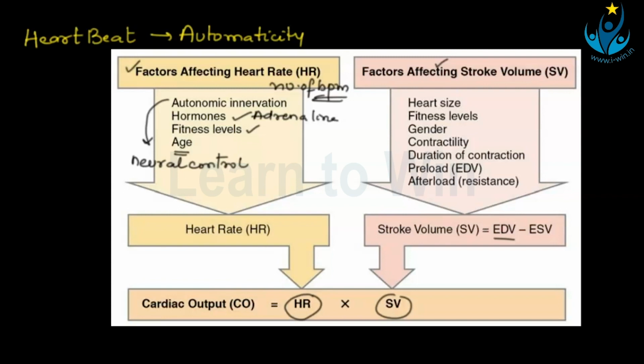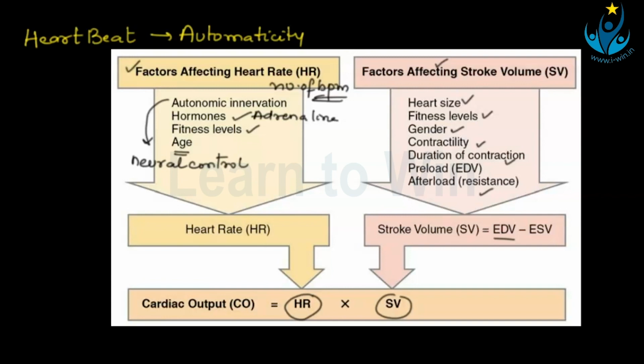Similarly, stroke volume will be affected by heart size, fitness level, and gender. Even though whatever numbers we have taken till now are for an average healthy adult, the numbers will slightly vary between male and female. Also contractility, the duration of the contraction, and afterload, that is resistance. As we have said, there will be resistance to the blood. So all of this will control the stroke volume.